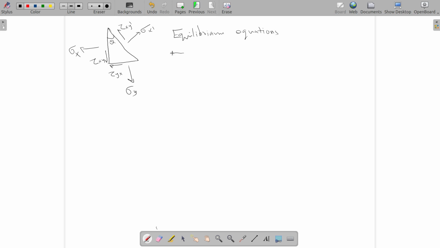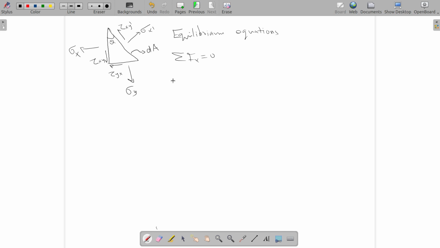So net force in x direction should be 0. So how do we find out the forces here? All we have are stresses. So let's assume that this area is dA.